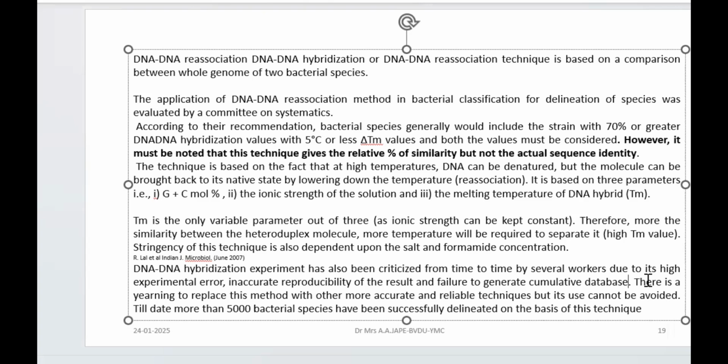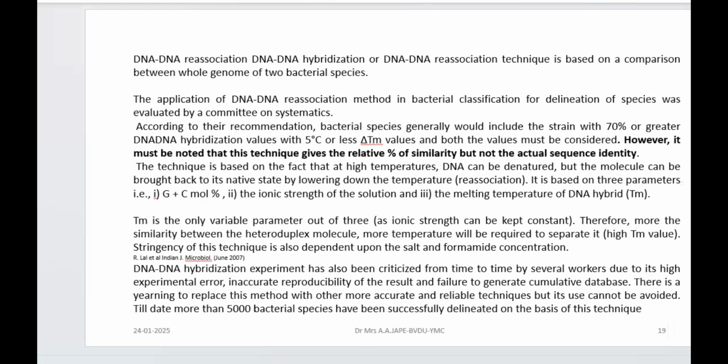So there is always a demand for reliable and accurate alternative methods. Of course, not a single method, but I would suggest that when you collect the data from various methods and that data is put together for analysis, then probably we are going to lead in the right direction.